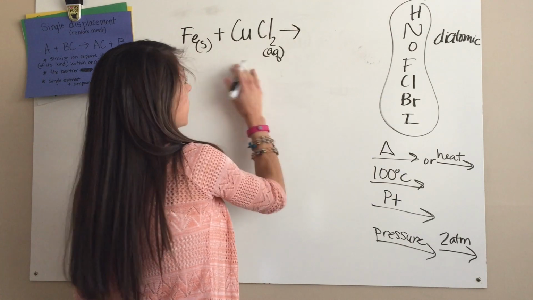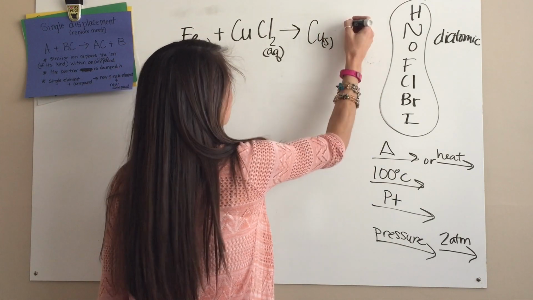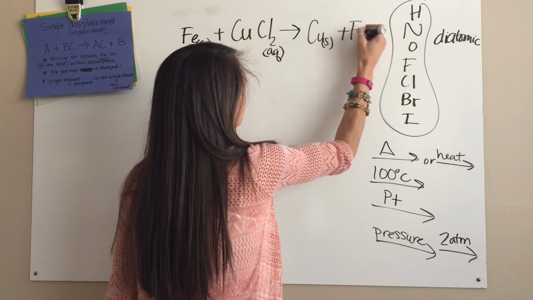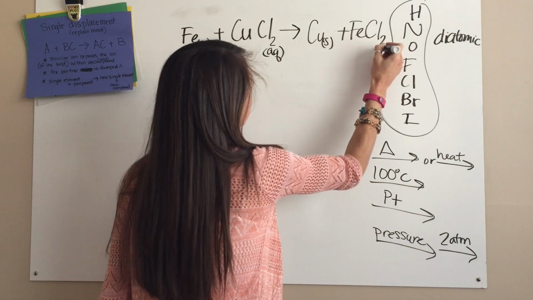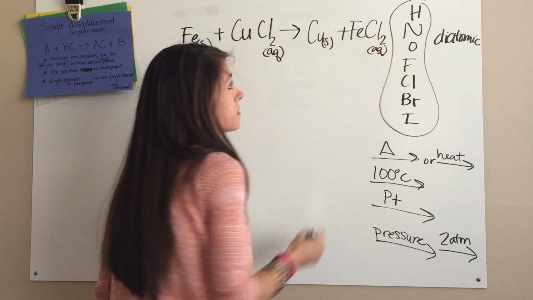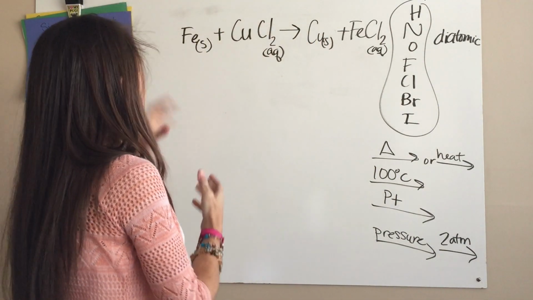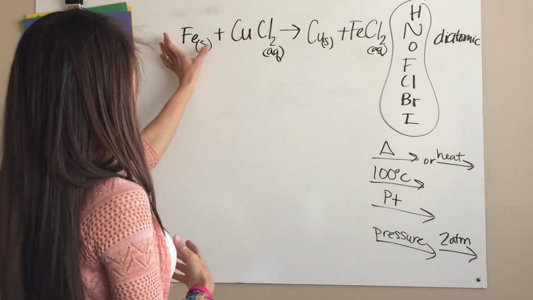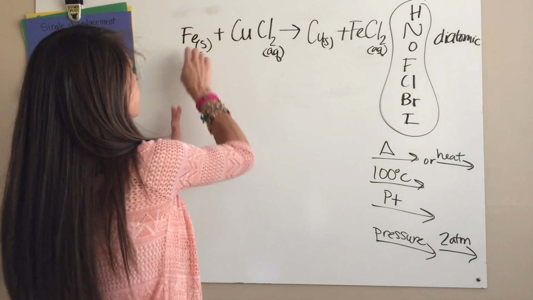Now, these will react to form copper solid and iron(II) chloride, okay? And this is still aqueous. It's still dissolved in water. This reaction shows you that you have a single element that comes in and replaces a cation.